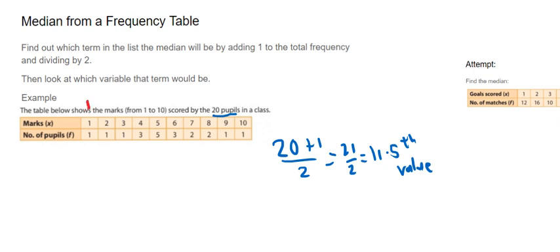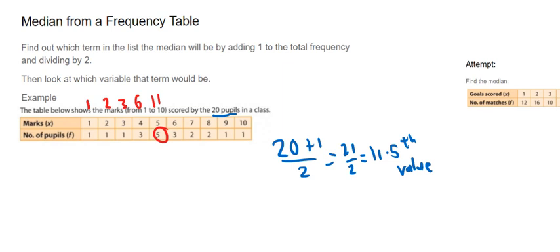So that's one pupil, and then there's another one there, so that goes up to 2 pupils, and then there's another one there, so that goes up to 3 pupils, and then there's three more here, so that means we have 6 pupils, and then there's another 5 pupils, so that's up to 11, and then the 12th pupil would have got 6 marks.